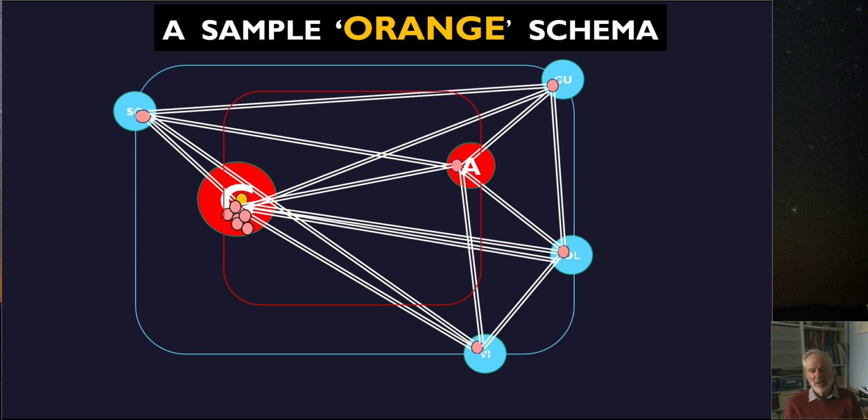So this here, what you see in front of you, is a sample orange schema. The moment the basic meaning of orange is triggered, is activated, then there will be, to a greater or lesser extent, activation in all these other systems with those representations to which it has been associated, which are, as it were, participants in this particular schema that we're looking at on the screen.